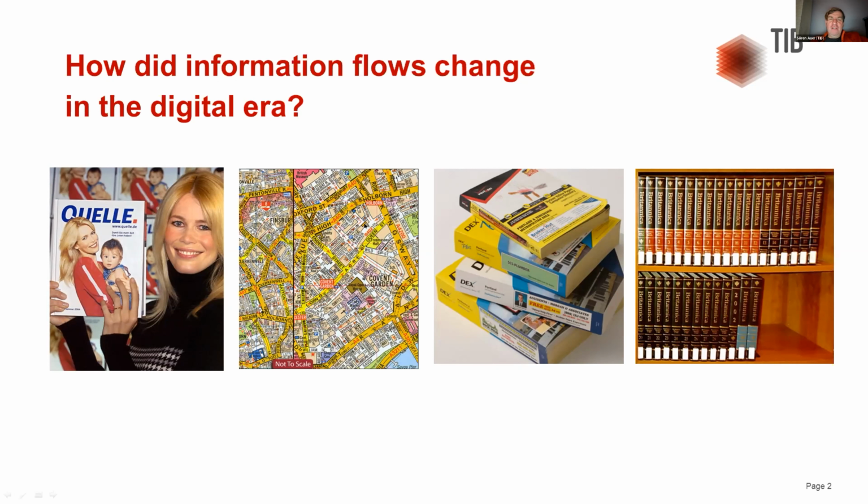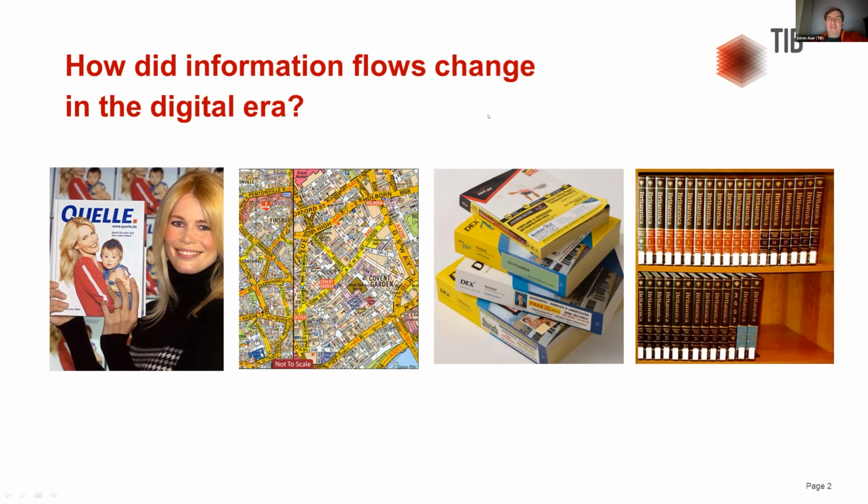And similarly, street maps, which you needed to buy every year if you went on holiday or wanted to go somewhere. There was a whole industry of publishing houses around publishing these kinds of maps and updating them every year. Phone books, encyclopedias, you name it, there are many of these examples.